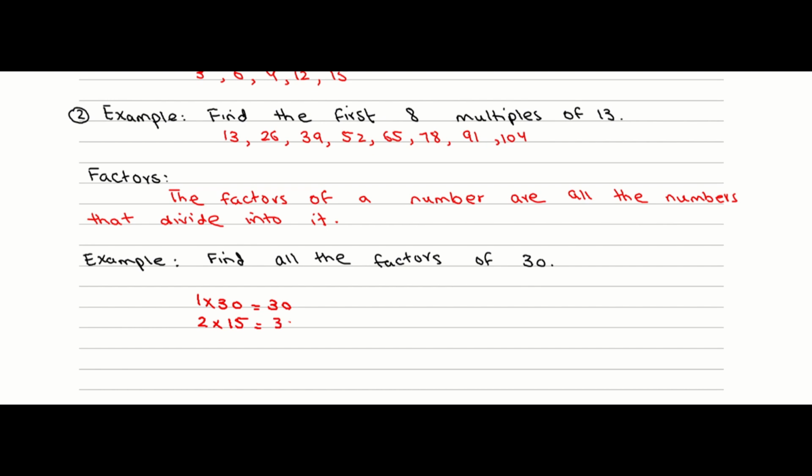Similarly, in the table of 3, 3 times what is 30? 3 times 10 gives you 30, since 30 divided by 3 gives you 10. In the fourth table, you don't have any number which gives you 30, so 4 is not a factor, and we'll just skip that.